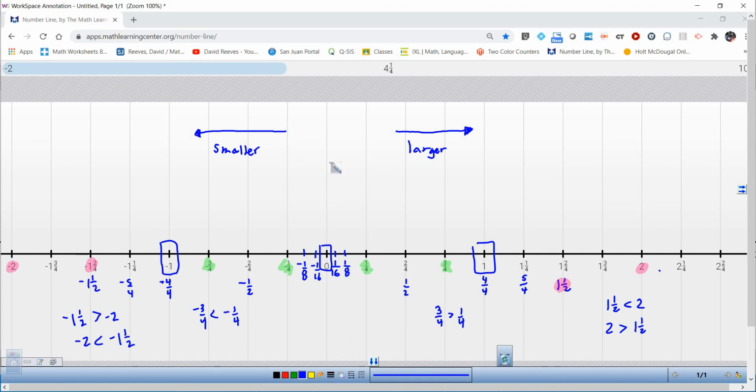If you're comparing larger versus smaller, the further you are to the right, the larger the fraction. The further you are to the left, the smaller the fraction. As you go further away from 0 on the positive side, they get bigger. But as you go further away from 0 on the negative side, they get smaller. That's how we compare rational numbers on the number line.